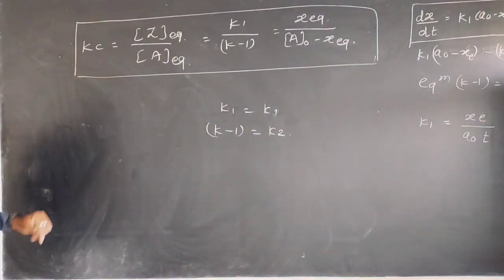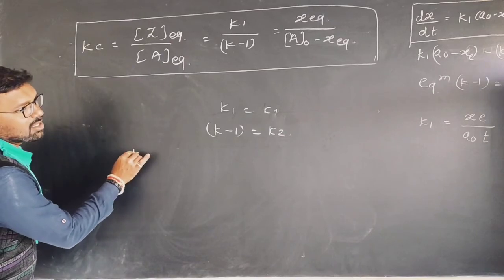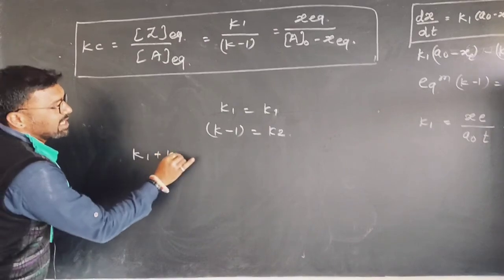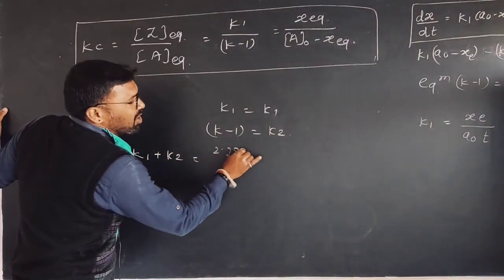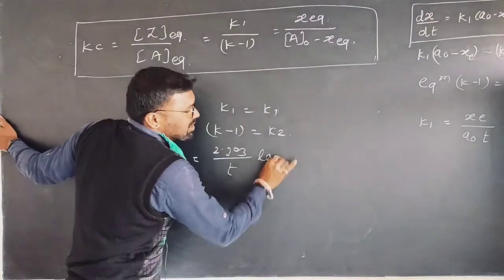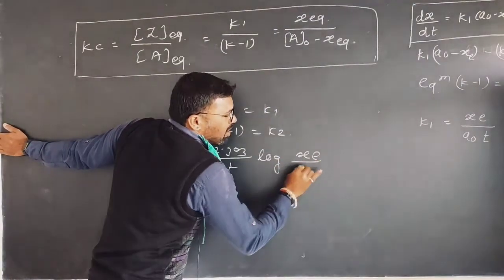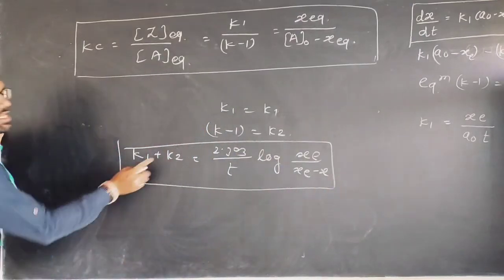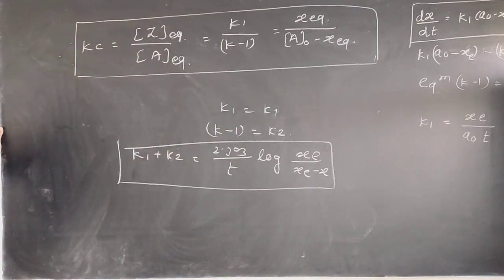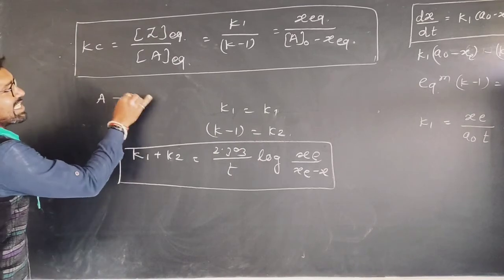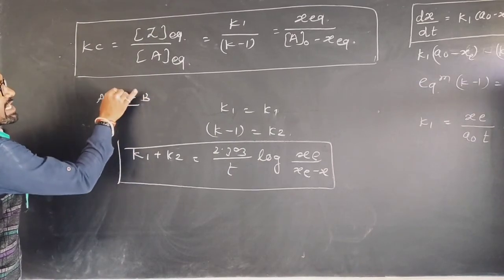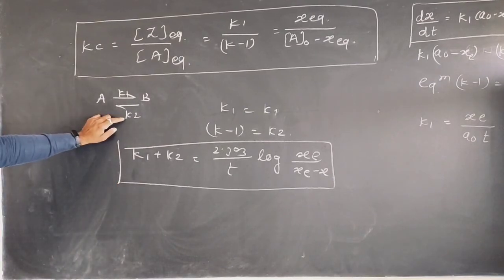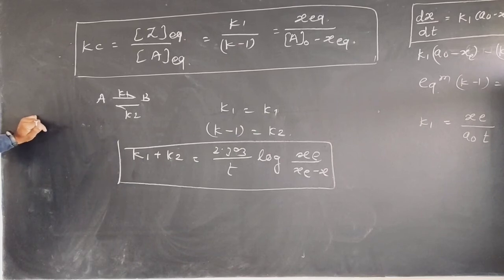So the equation will change like this: K1 plus K2 is equal to 2.303 upon t into logarithm to the base 10 of Xc upon Xc minus X. The only change is that instead of K minus 1 I am taking K2. In some places it is given as A gives B, B gives A with rate constants K1 and K2, it does not matter.